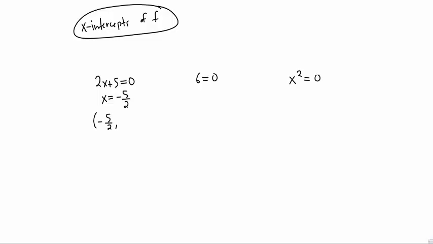So this tells us that we have an x-intercept, except it's not an x-intercept of f because minus 5 halves is not in the domain for 2x plus 5.